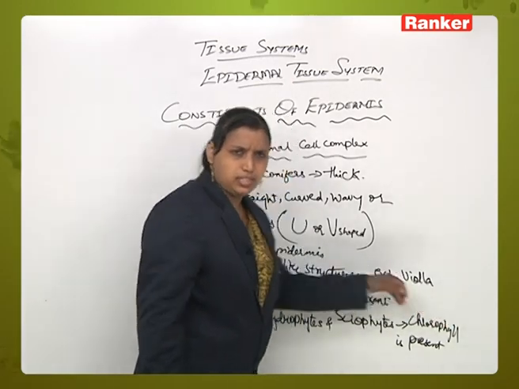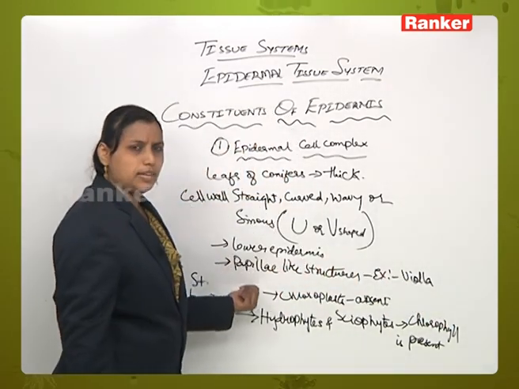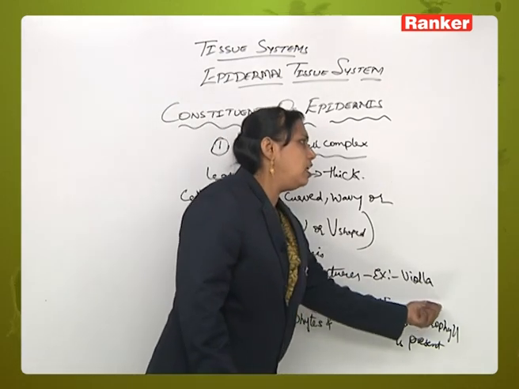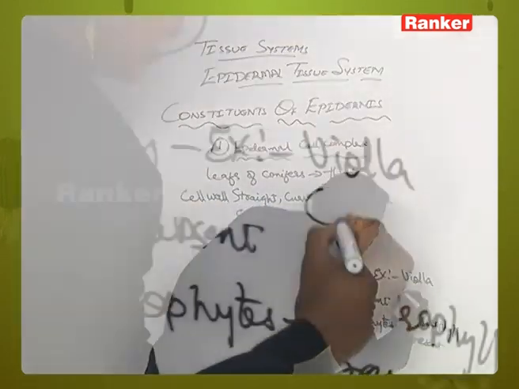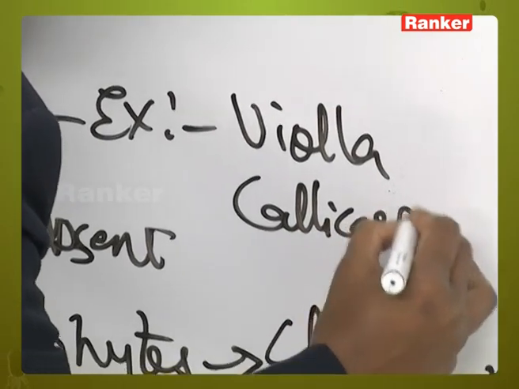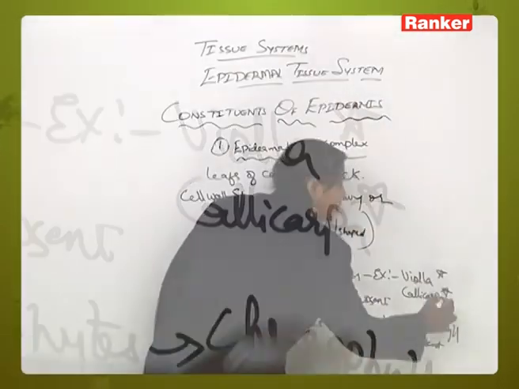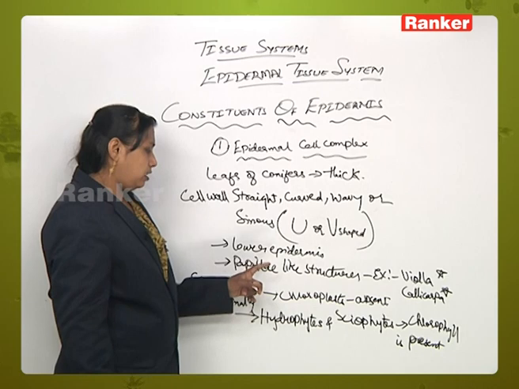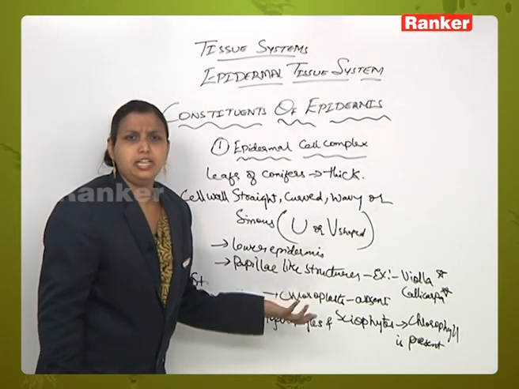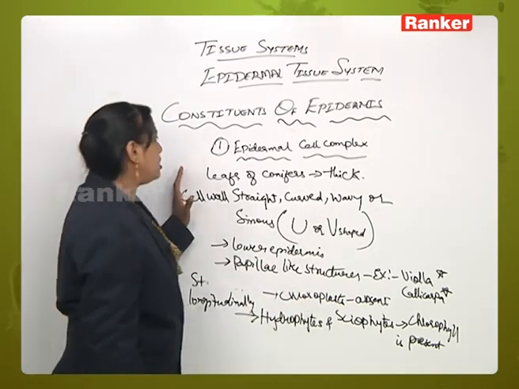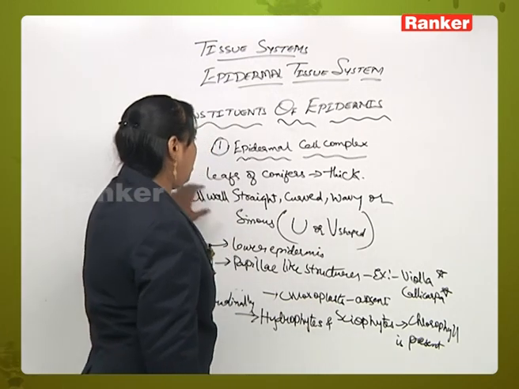In this plant, we see papillae-like structures in the epidermal cells. That is Viola, and one more example is Callicarpa. These two are important. Either in Callicarpa or Viola, you will see papillae-like structures present in the epidermal cells. Okay, this is about your first cell, epidermal cells.